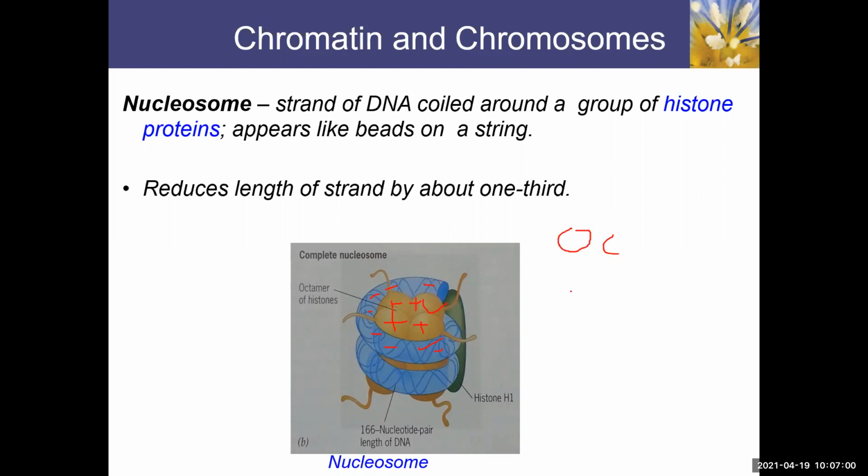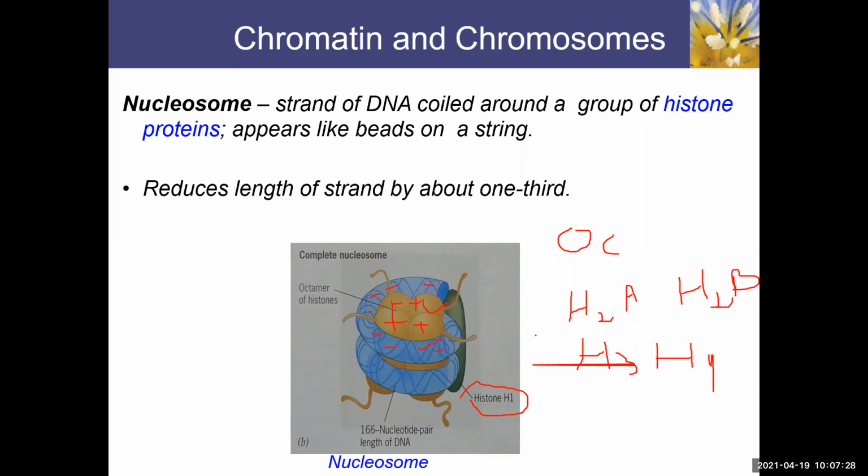What are those eight proteins? H2A, H2B, H3 and H4. And then H1 is here, which is not in the octamer, it is like a separate thing. The octamer has only these four histone proteins. It forms the nucleosome.